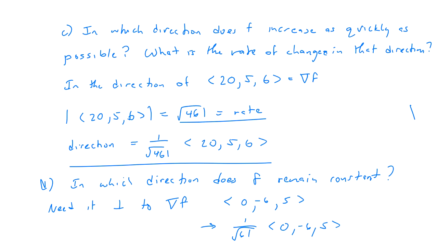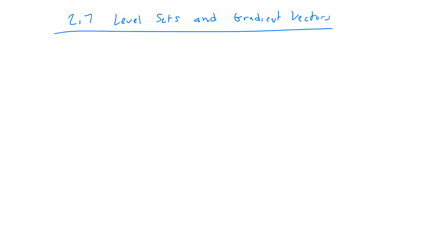Okay. So 2.7. So this is looking at level sets and gradient vectors.